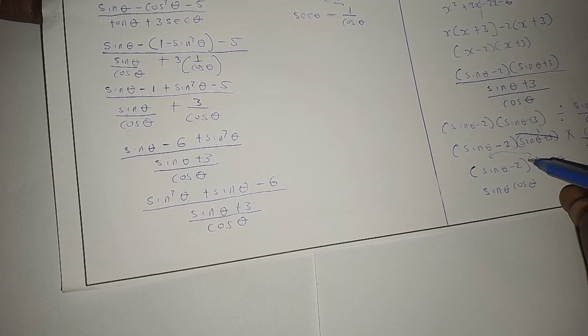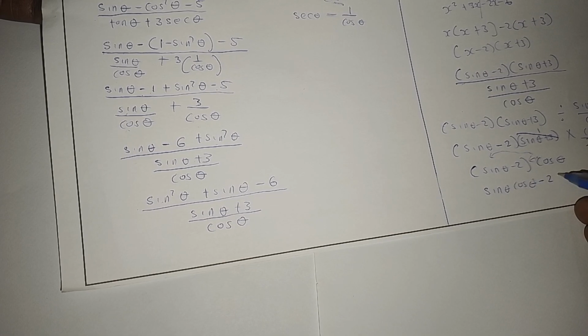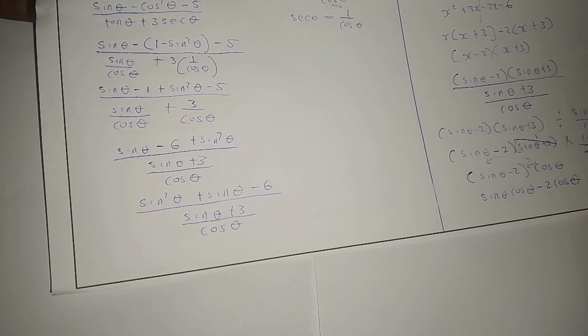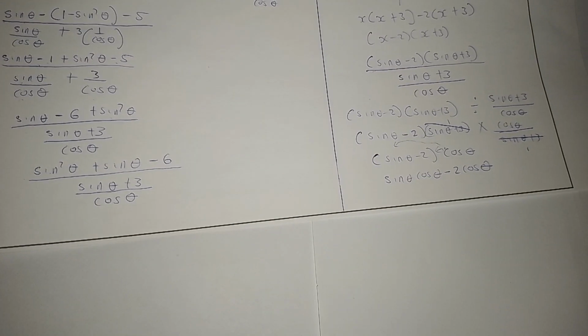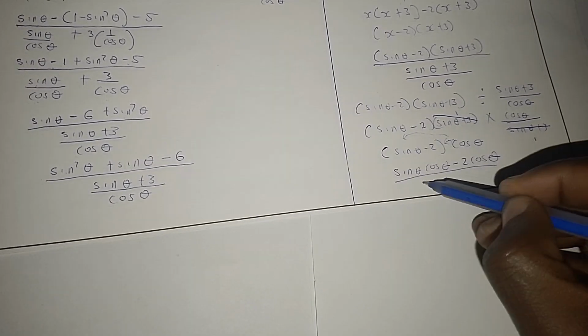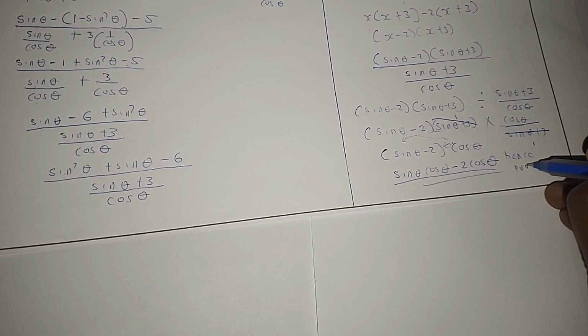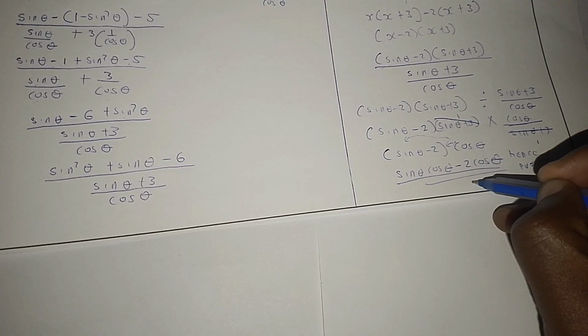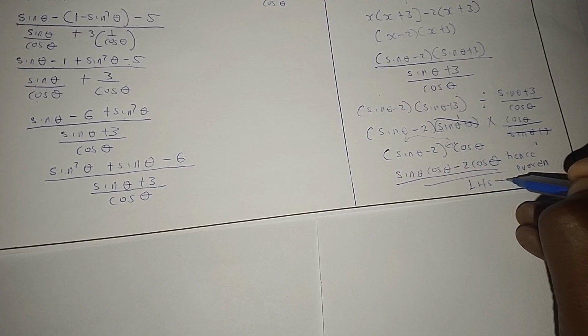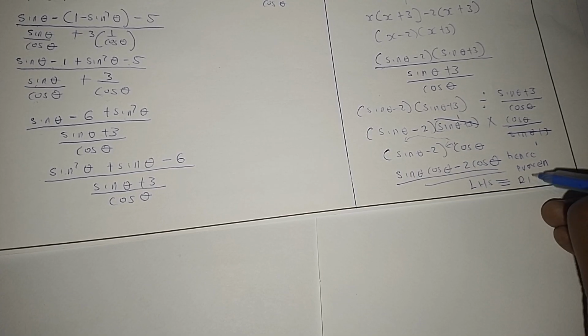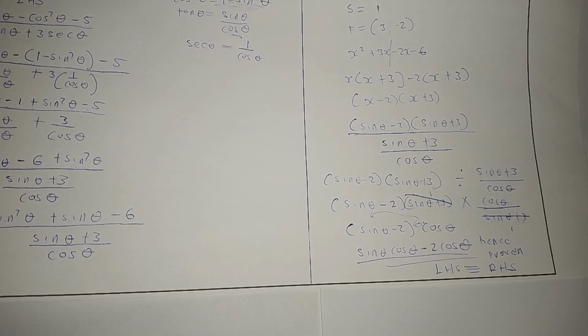Again, cos times negative 2, I get negative 2 cos theta, of which I have successfully proven. Then we can say hence proven. We have proved that the left hand side is equivalent to the right hand side.